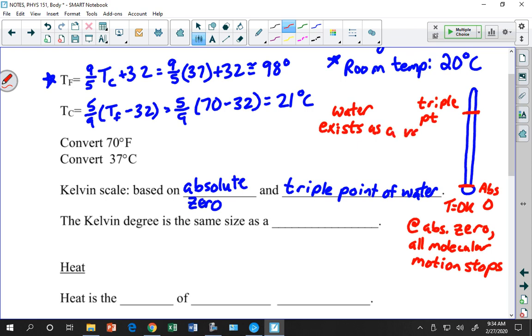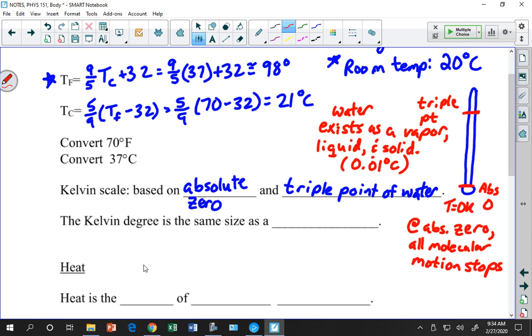It is at a temperature of about 0.01 degrees Celsius. So it's just above the freezing point of water, but it's also a particular pressure that allows the water to exist as a solid, a liquid, and a vapor all at the same time.